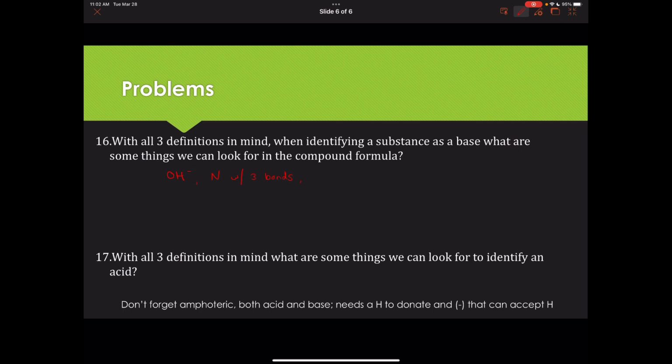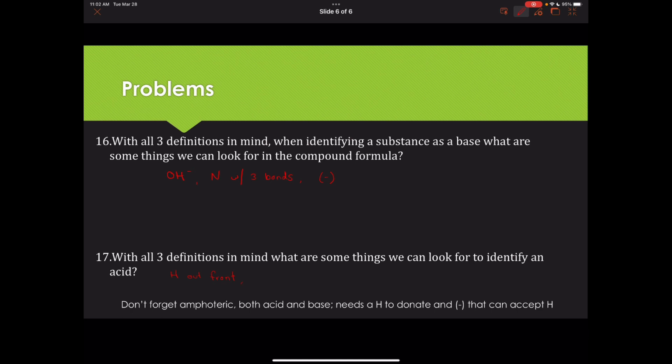That lone pair can be used to accept hydrogens and donate electrons. And the other thing we've seen were negatives. Negatives, again, very often mean we've got extra electrons causing that negative charge, and they're often present in the form of lone pairs. In the case of our acids, we're going to look for hydrogens out front. That's very often where we're going to indicate that polar hydrogen that can be lost.